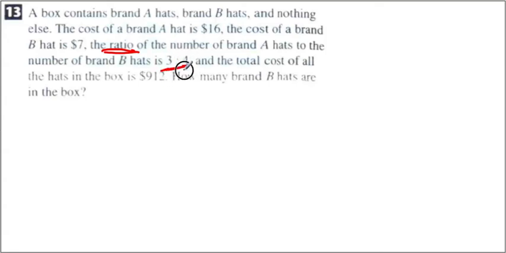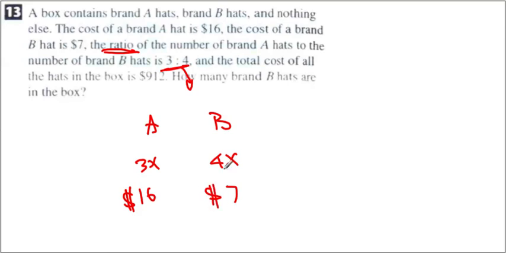That basically tells us that the ratio between A to B is 3x to 4x, where the cost of A was $16 versus $7. If the total cost of all hats in the box was 912, that means when you combine them, it was equal to 912.